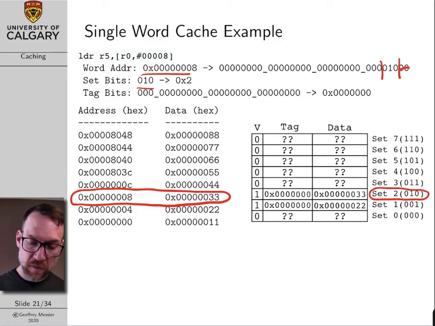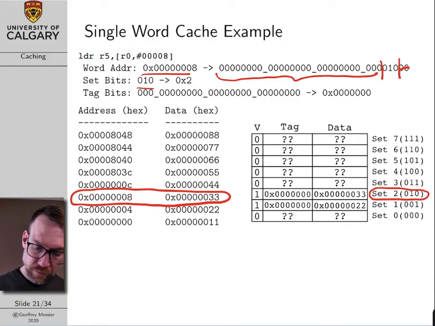Our tag bits are the upper 27 bits, all 0 in this case. The new entry in our cache corresponds to a data value of 33, because that's what was located at address 8. Our tag bits are all 0, and our valid bit is now equal to 1.